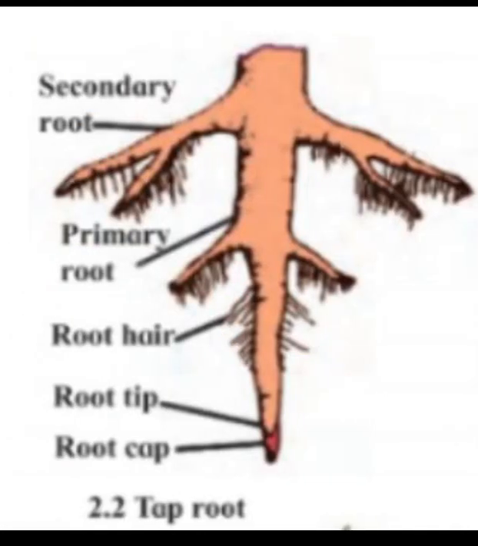Next, you all can see the image 2.2, right? This image is of a taproot. Now first we will see what a taproot is. Roots of some plants produce secondary roots. Means the main root and the branches of the root, those branches are called secondary roots.